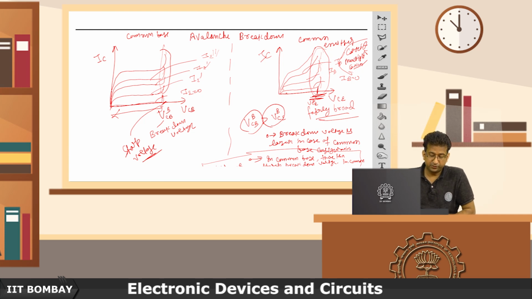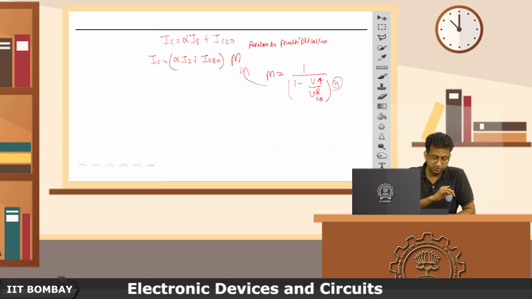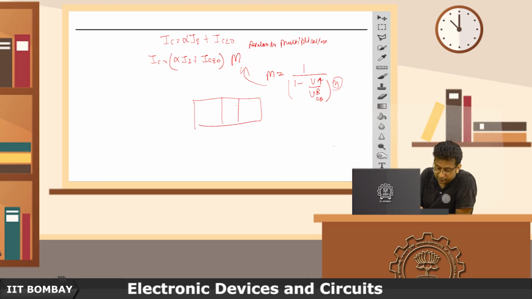The explanation for why the breakdown voltage is higher for common base compared to the common emitter configuration is that when this electron hole pair generates in the base to collector region, holes will drift quickly. Let's say we are considering the case of an NPN transistor, going to the collector region.